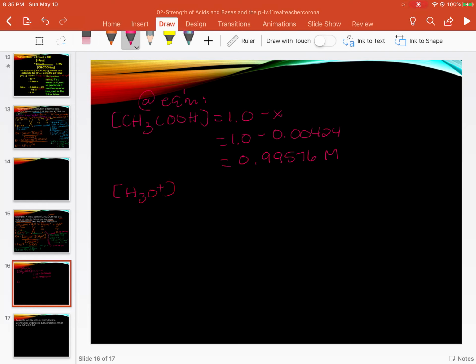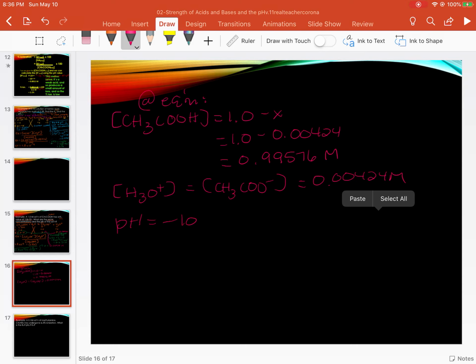And then the H3O plus and the acetate anion are equal, which is the x value, and then the pH.